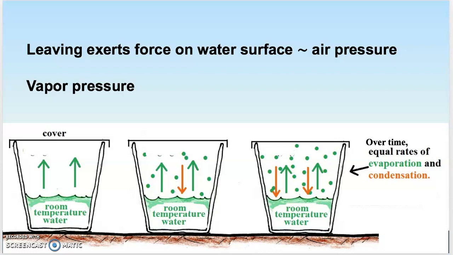Well, if we put a cover over that, we can start to really measure that water vapor more precisely. And in fact, this vapor here has a pressure that can push down on the water surface. And that sounds very familiar, like air pressure pushing down on a surface area.